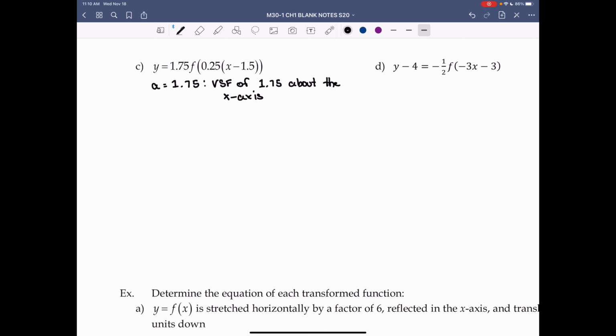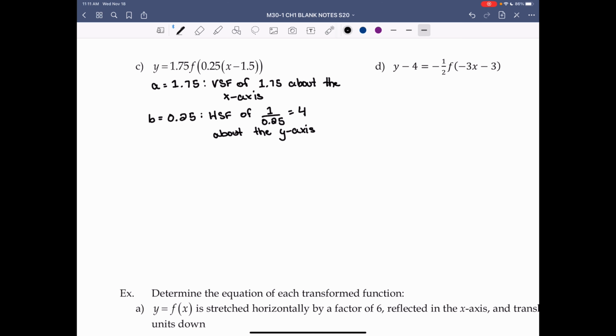Then we have b equals 0.25, which is a horizontal stretch factor of the reciprocal of 0.25, which would be 1 over 0.25, and 1 divided by a quarter equals 4. So the horizontal stretch factor of 4 about the y-axis.